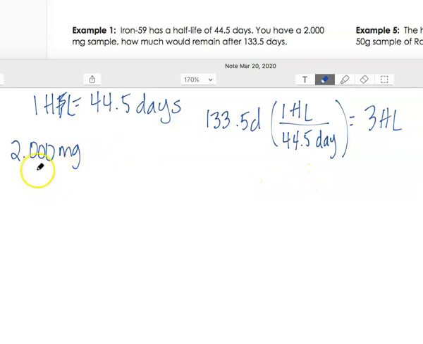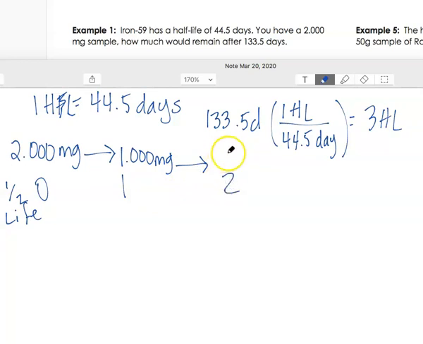So we're going to call this our starting half-life of 0, and we're going to track it here. After one half-life, we're going to have half of this, so it's going to be 1.00 milligrams. After a second half-life, we're going to have half of that.